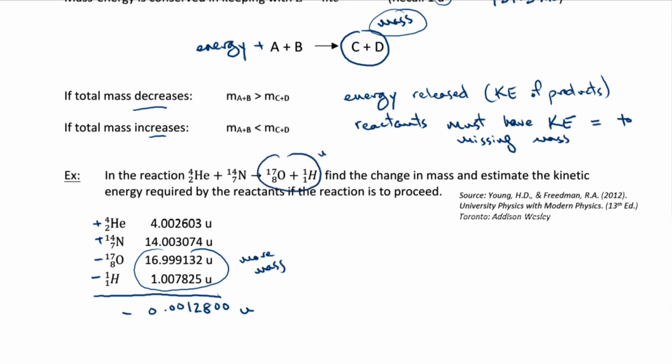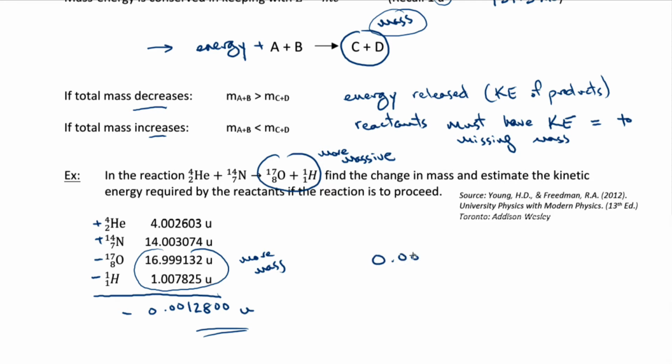In other words, there is more mass on the right-hand side of the equation. These are more massive. And so, as we said, this is an example of the second type of reaction that we looked at, one where we need to put energy in, that energy being in the kinetic energy of the reactants, in order to get that to show up as more mass on the right-hand side, again, by the principle of mass-energy equivalence. So how much energy do we need to put in? Well, we take this and we convert it using our conversion factor above.